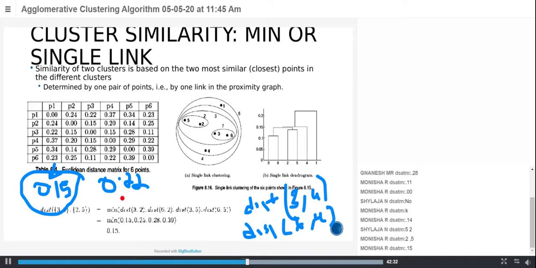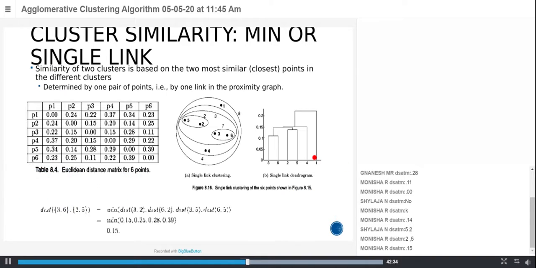So like that, since the distance is very less among these two, the first cluster we formed is here.